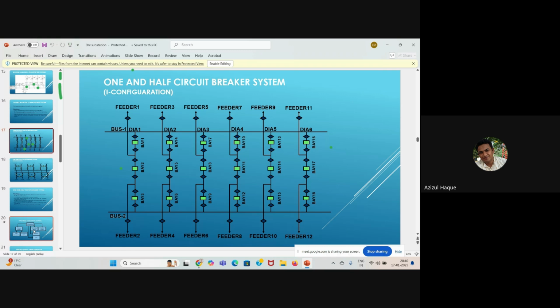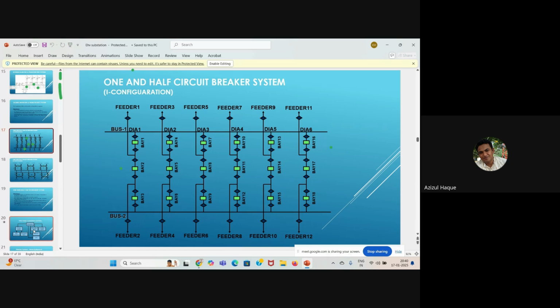Suppose some problem comes to this breaker 1 of bay 1. So I have to take a shutdown of this particular breaker for maintenance work. So what will we do, so that there is uninterrupted power supply? First, we will close this tie bay circuit breaker, bay 2.